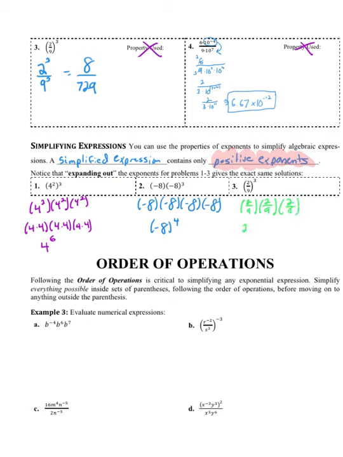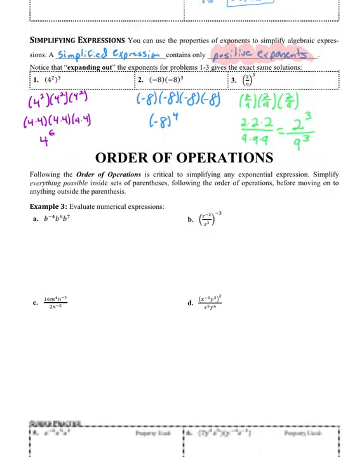That would end up being 2 times 2 times 2 over 9 times 9 times 9, which is 2 to the 3rd over 9 to the 3rd. So properties of exponents allow us to save these steps so we don't have to write out the expanded part if we know how to use the properties appropriately. That's the key for the properties of exponents. Okay.